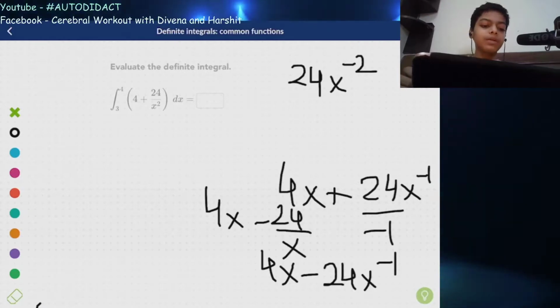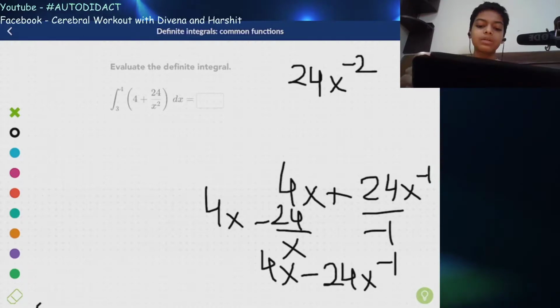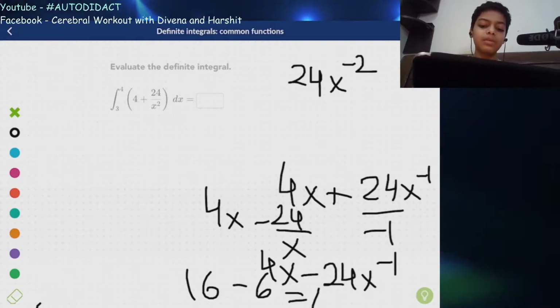We want to find it over 3 and 4. First let's find it at 4, so this will be 16 minus 24 divided by 4, it is just 6, equal to 10.